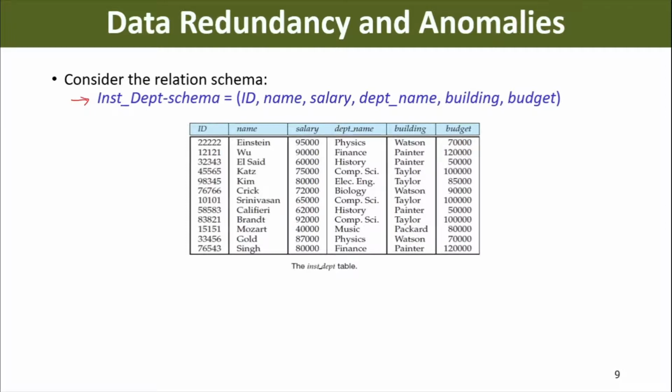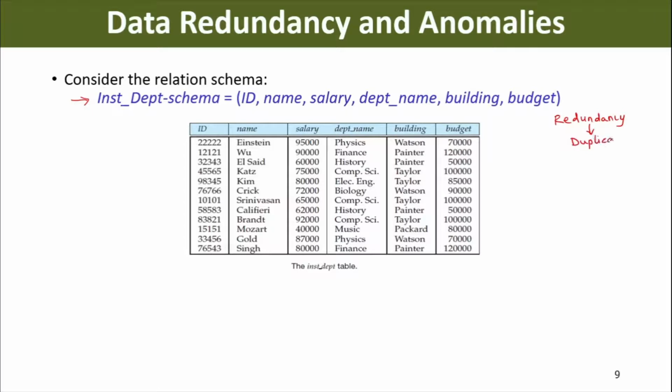So, if we look at this particular instance of this relation, whether we are having any kind of redundancies in this data. So what do we mean by redundancy? Redundancy means duplication.